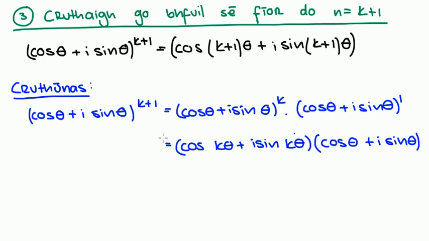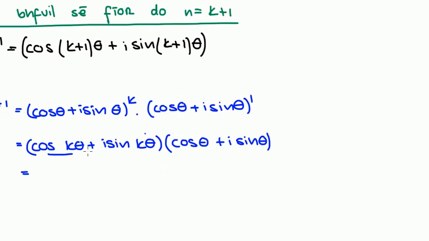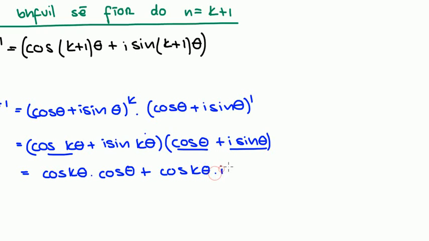So now I multiply out my brackets. The first term in the first bracket by the first term in the second bracket, cosine k theta by cosine theta. First term by second term, so plus cosine k theta by i sine theta. Second term by first term in the second bracket, i sine k theta by cosine theta.